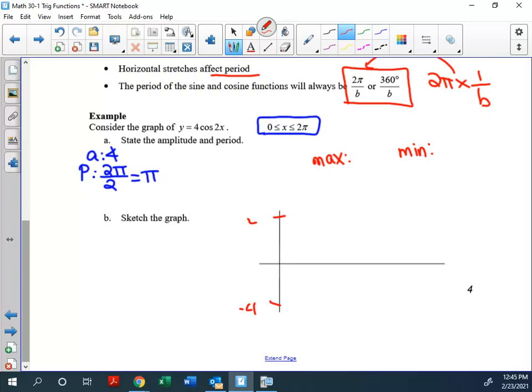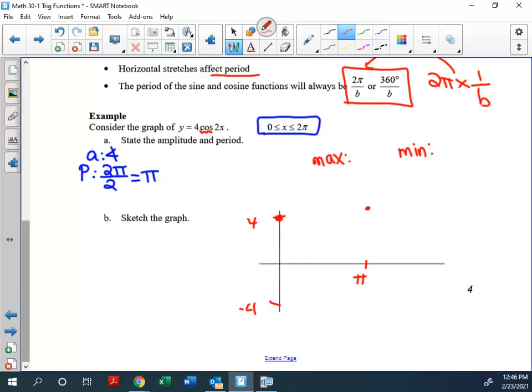That allows me to know how high and low I'm going. I also know that I'm going to have a period of pi. So straight away that tells me, because this is the cosine graph, I'm going to start at the maximum and I'm going to end at the maximum. Does that make sense for cosine? So I'm going to start at 4 and I'm going to end at 4.